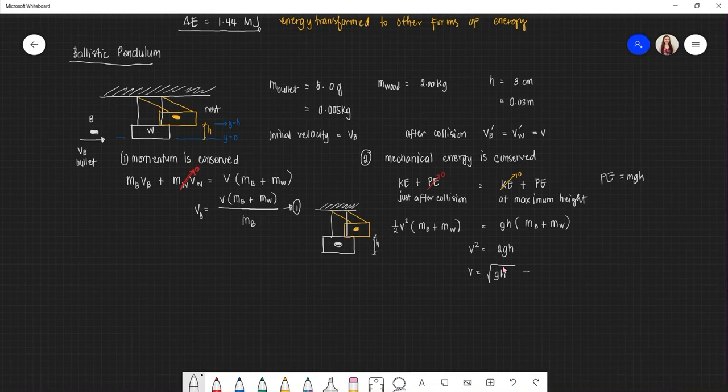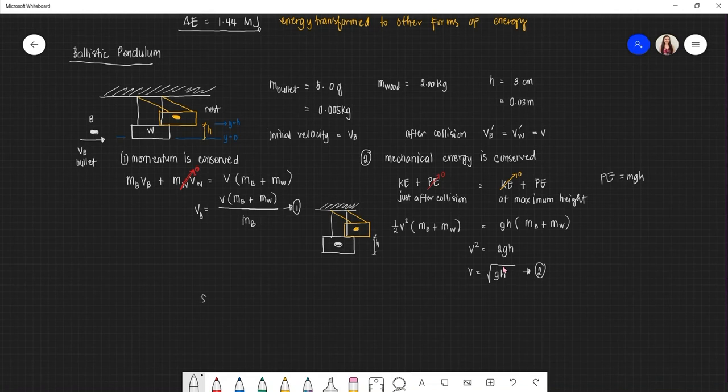Remember that in this problem we are looking for the initial velocity of the bullet. The shared velocity is v. Since we cannot solve yet for the initial velocity of the bullet because we don't have the final velocity, we will solve first for the final velocity. That's what we did here when we solved for the final velocity using the conservation of mechanical energy. So let this be equation number 2.